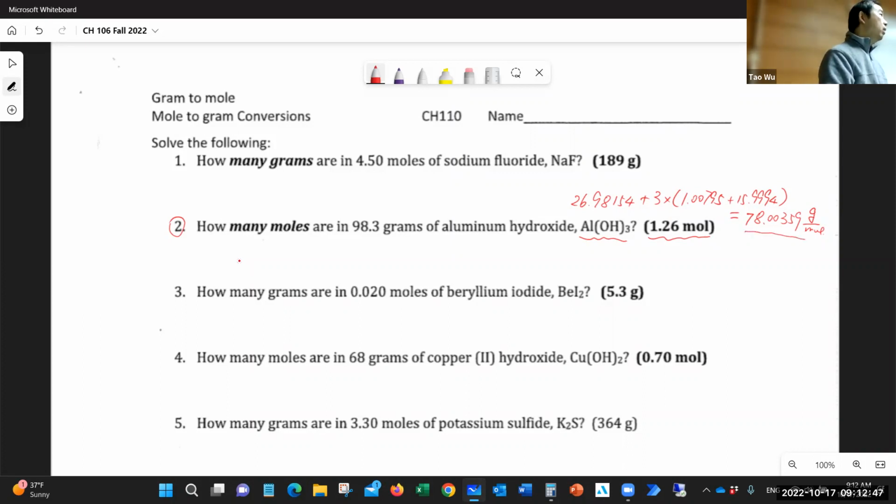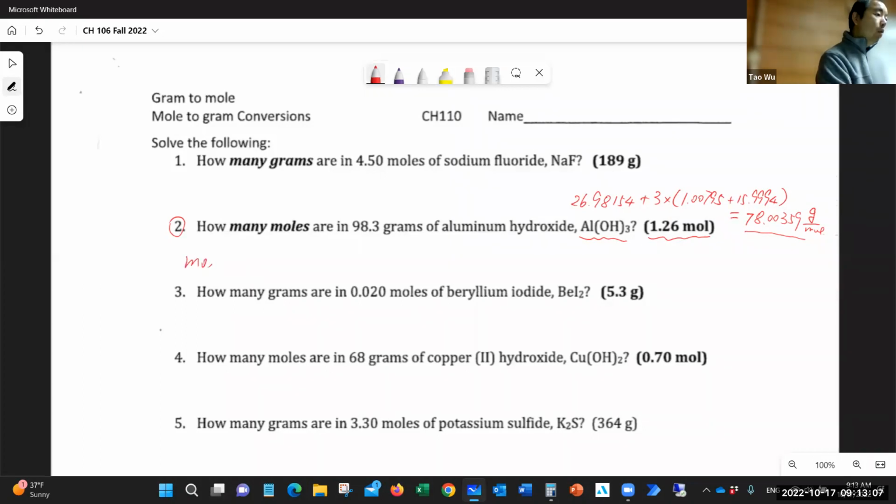If you get a wrong molar mass, then you're going to have all the calculations wrong in the rest of this. Okay, so 78.00359 is the molar mass of aluminum hydroxide. And then you try to figure out the mole.